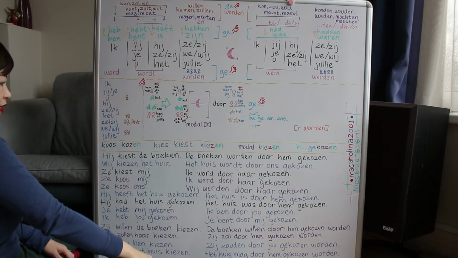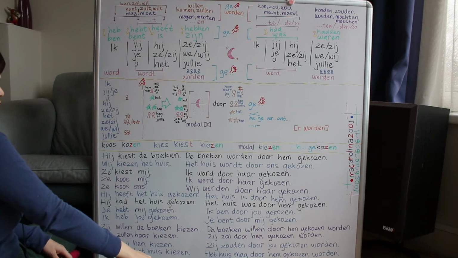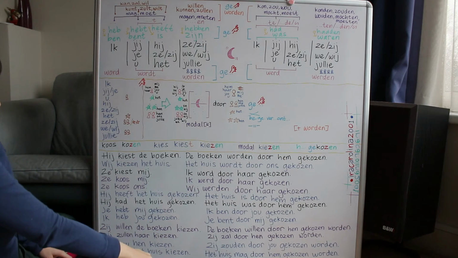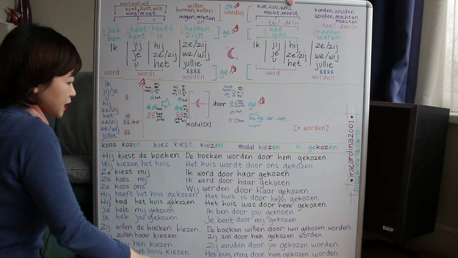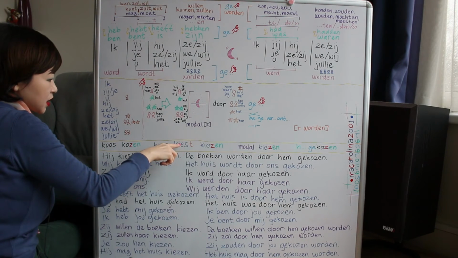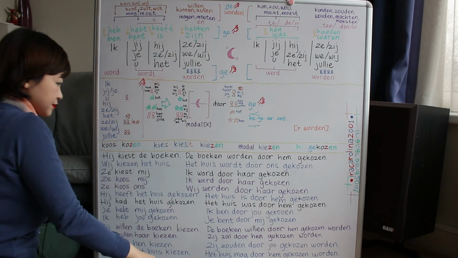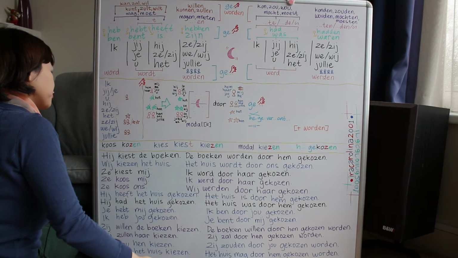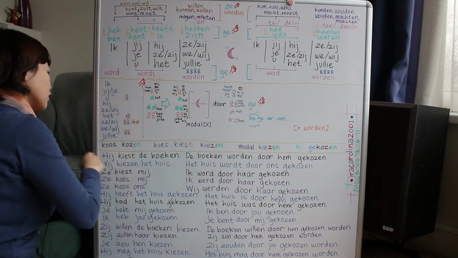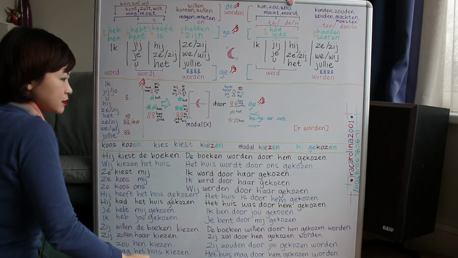Now we will go to the sentence examples. I use the same verb as in the previous video, which is choose. In the present time, we use kies, kiest, kiezen, kiezen. Previous or past, koos, kozen.